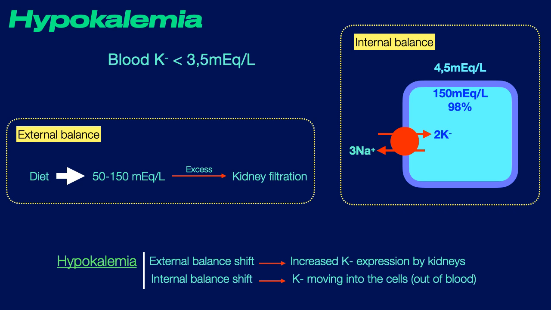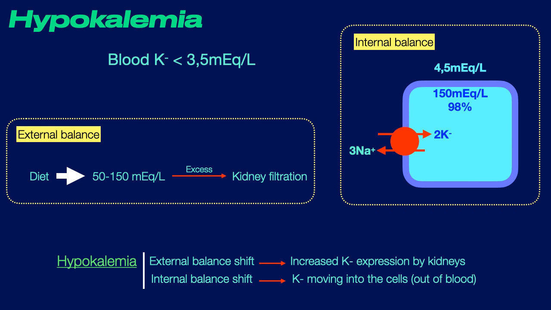Is inside the cells, and there is almost nothing outside the cells. In fact, the concentration of potassium inside the cells is about 150 milliequivalents, as you see in the drawing, per liter, whereas outside the cell is only those 4.5 milliequivalents.